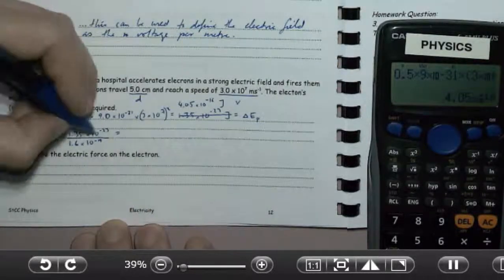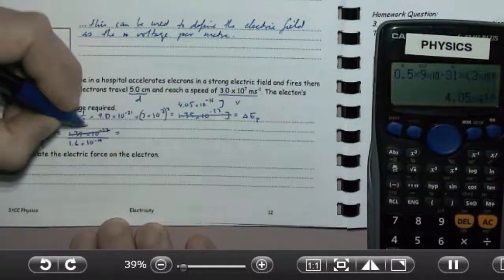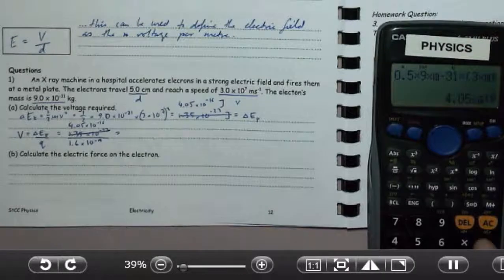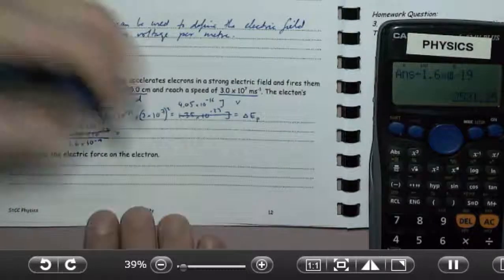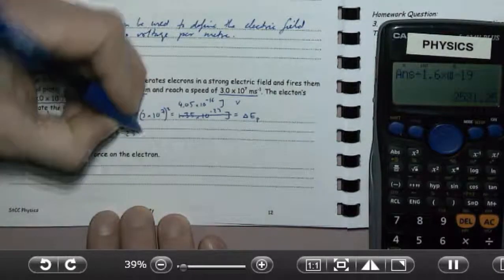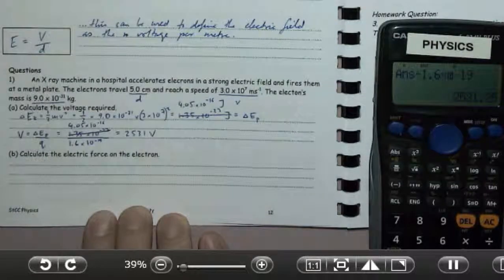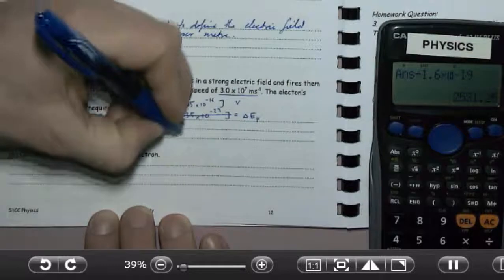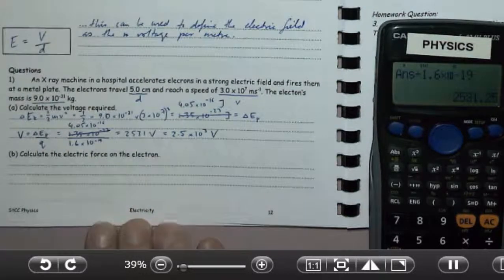Okay, and so that is wrong. That should be 4.05 times 10 to the negative 16. And we divide that by 1.6 times 10 to the negative 19, which is 2531 volts. And to the correct number of significant figures, that should be 2, which is equal to 2.5 times 10 to the 3 volts.